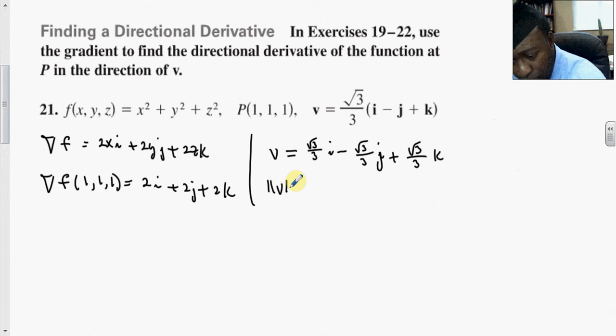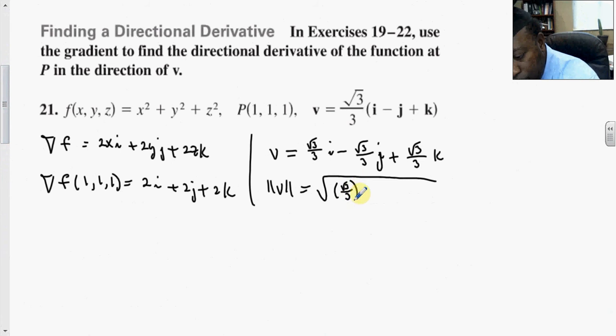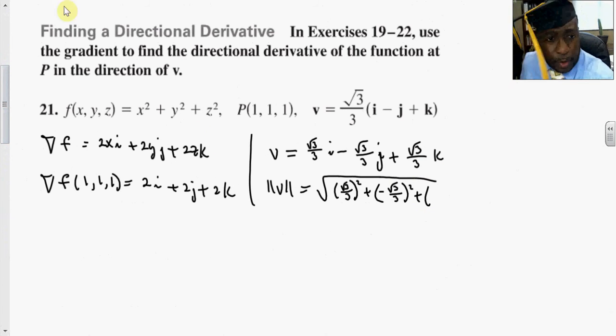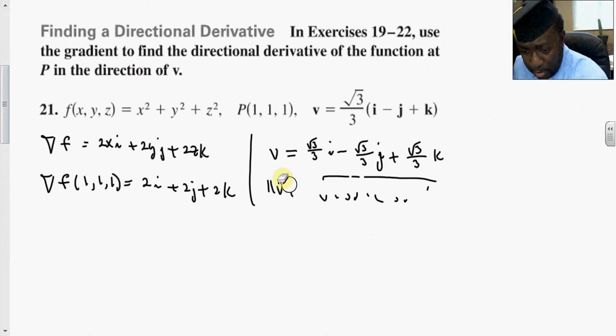Let's check its norm. Well, if you know that it is 1, you can skip this step. So here we take each term and square it under the radical. So that gives us the square root of (the square root of 3 over 3) squared plus (the negative square root of 3 over 3) squared plus (the square root of 3 over 3) squared.